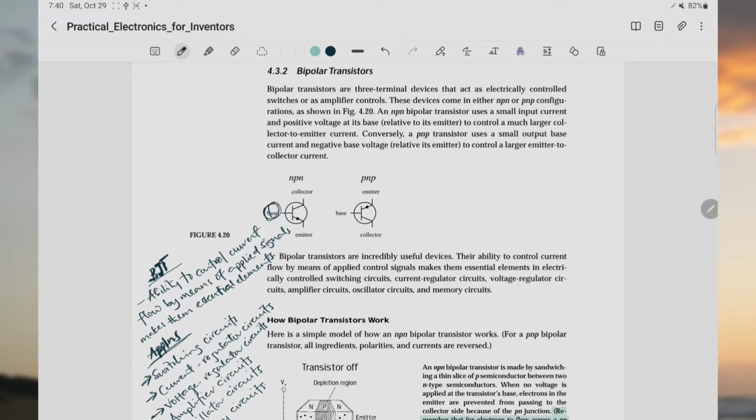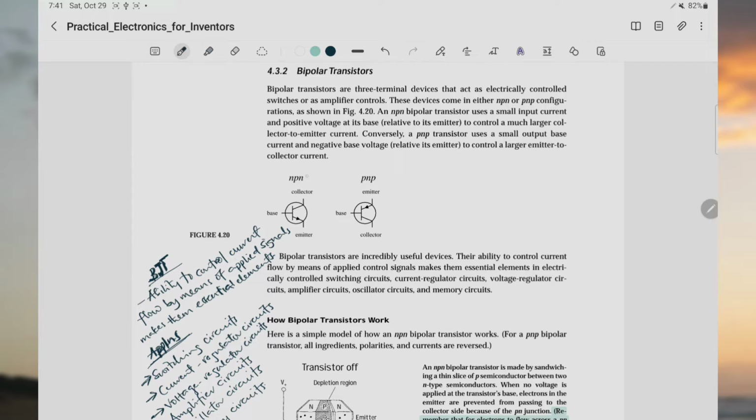Depending on whatever current or voltage you apply here, we shall get a certain amount of current flowing from the collector to the emitter. That is for the NPN. Then here we would be having it from the emitter to the collector as well.